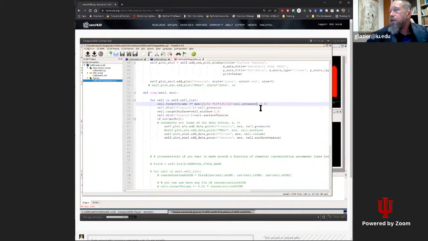And I have to be a little bit careful here, because cell pressure could be, I'm going to have to do a max of this and some number, because this could go to 0.